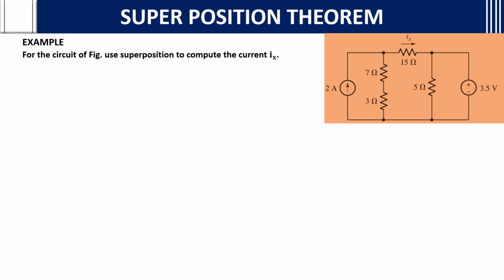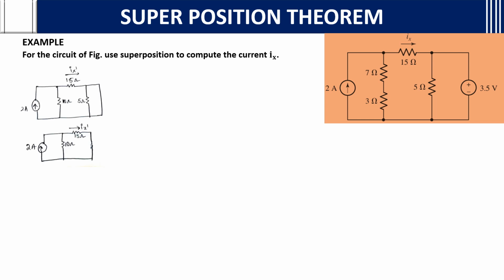Superposition theorem. Here again we need to find, using superposition, Ix in this 15 ohms. Okay, we will do that. See, first what we did, we short circuited the voltage source, and kept the current source.